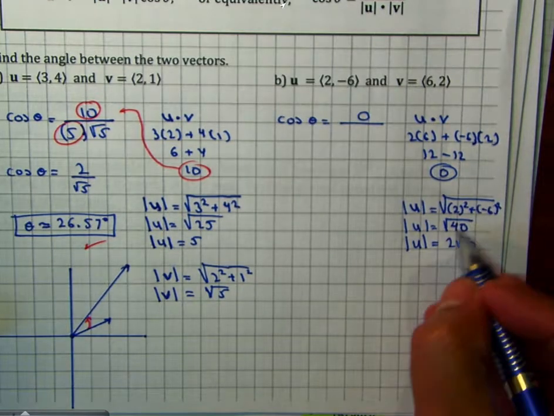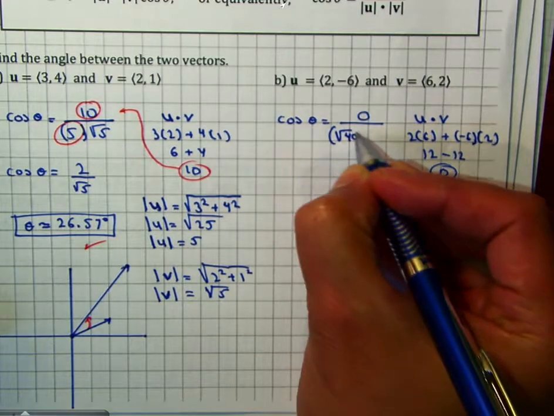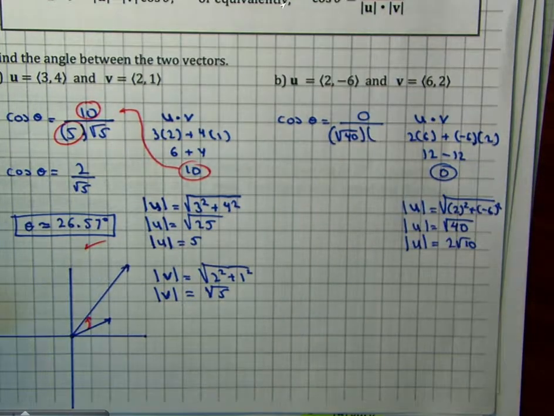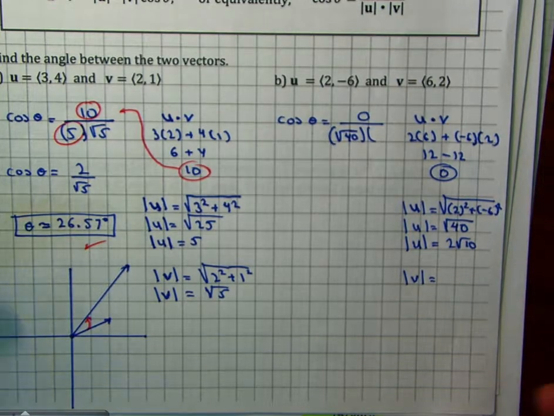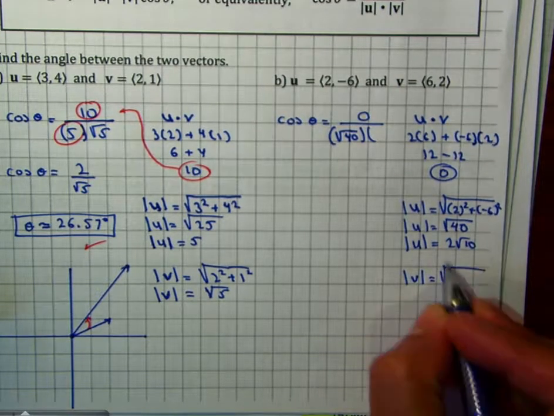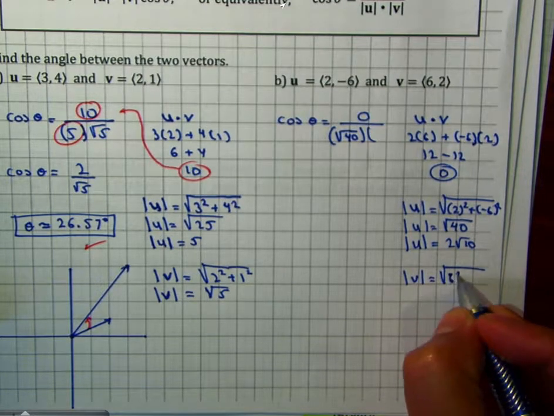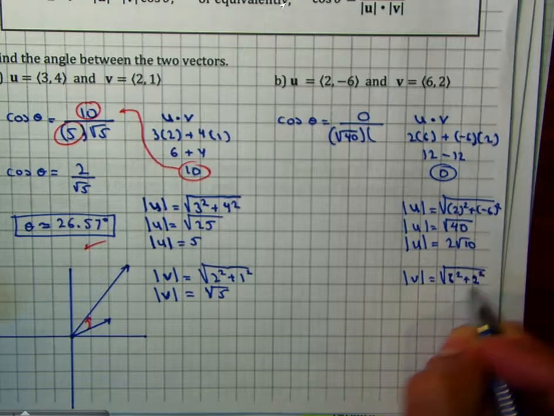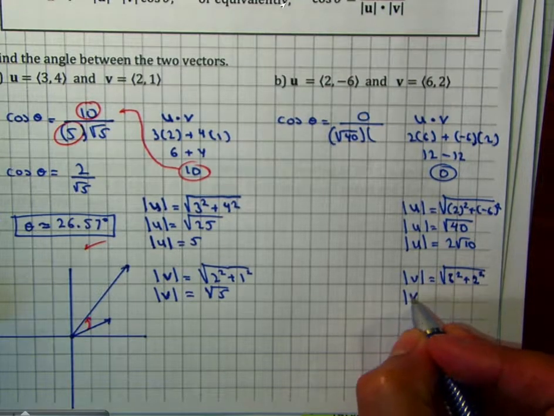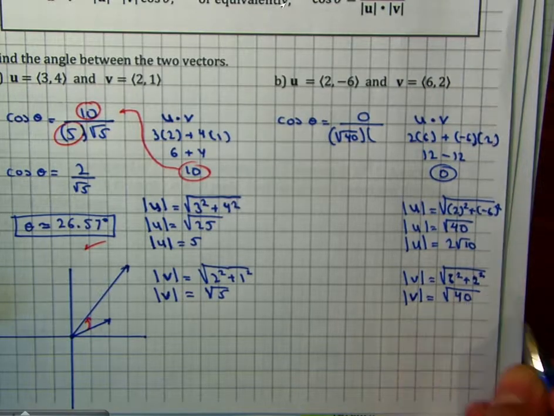But in this case, I'm going to multiply them out, so I'm just going to keep it as square root of 40. And I'm going to do the same thing with v. V will be 6 squared is 36 plus 2 squared is 4. So therefore, the magnitude of v will be the square root of 40 as well.